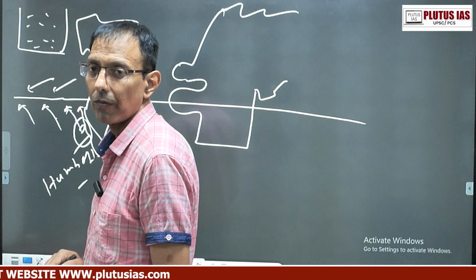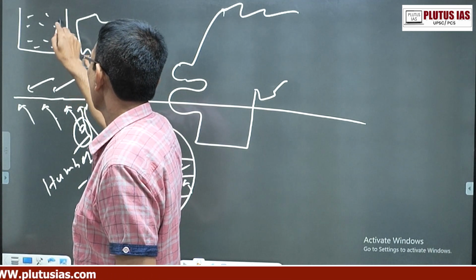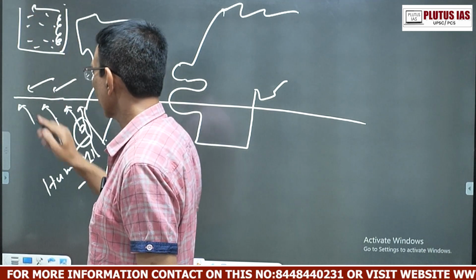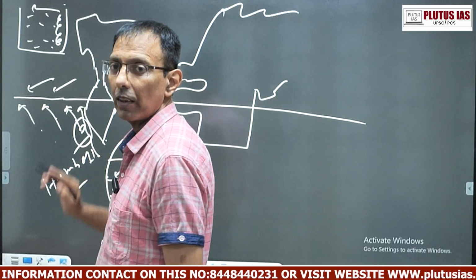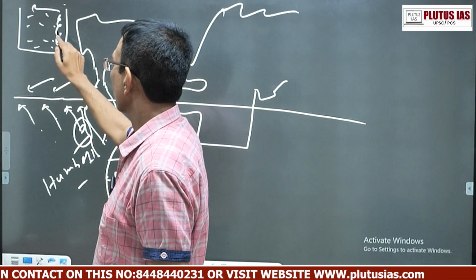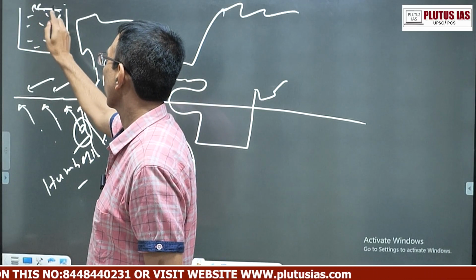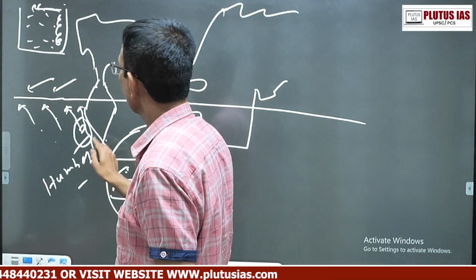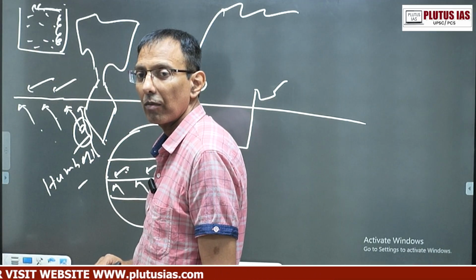This is cold water getting upwelled with the impact of trade wind in this way, right? So this is the cold current generated as the Humboldt current.